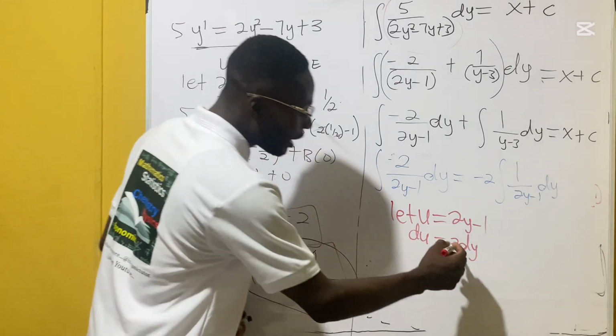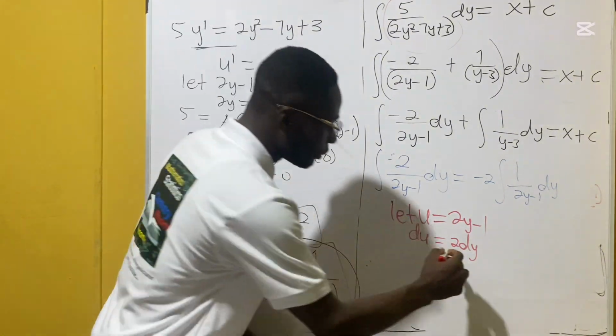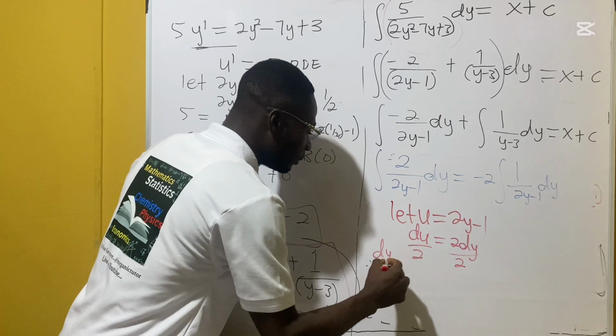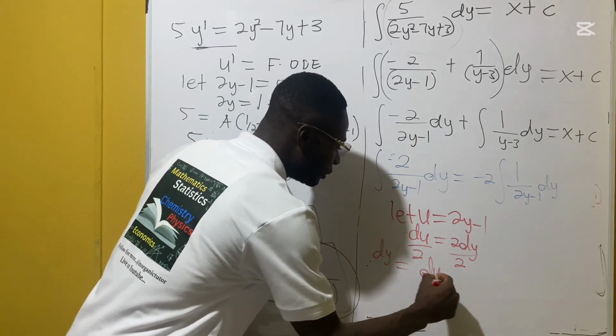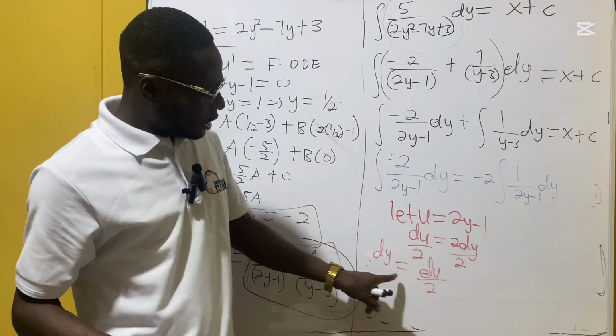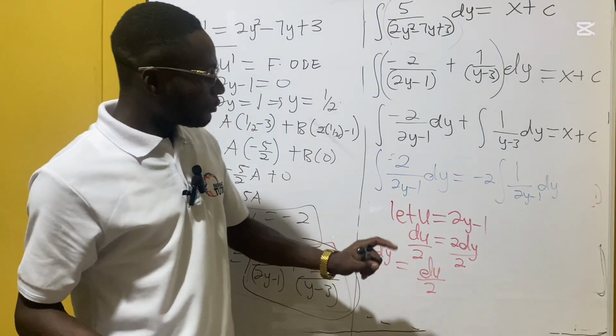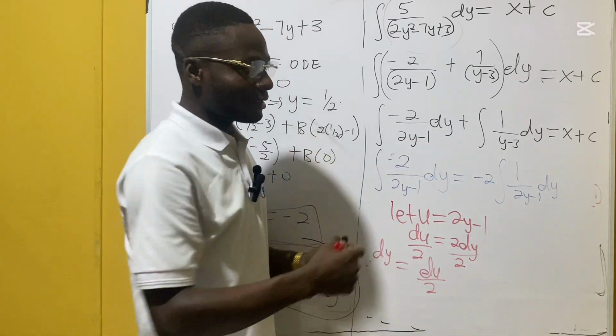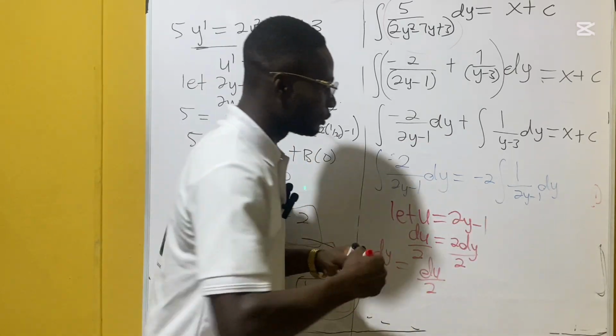So now we are interested in dy. So let's divide by 2, here 2 by 2. So we have dy equals du on 2. So once we have dy to be du on 2 and u to be 2y minus 1, let's do that substitution here.